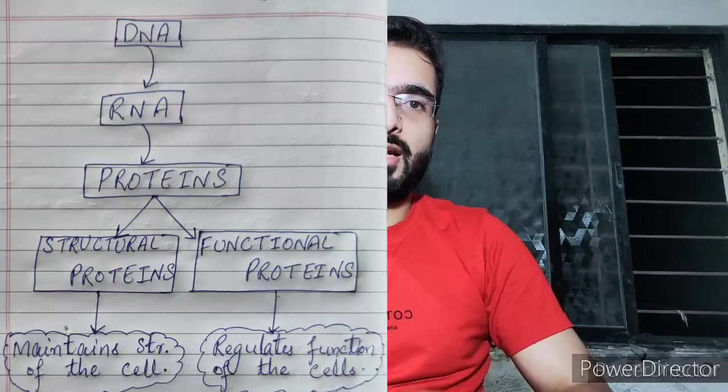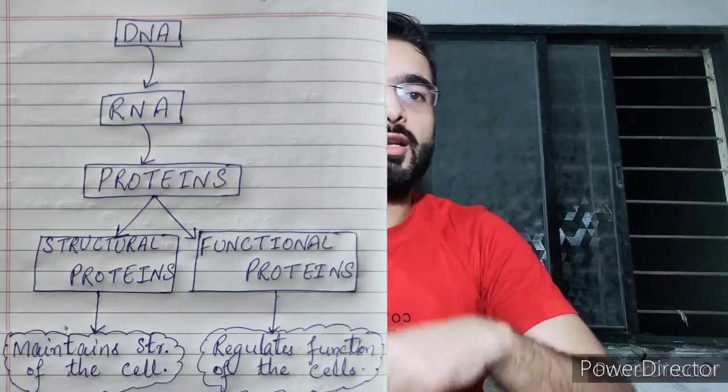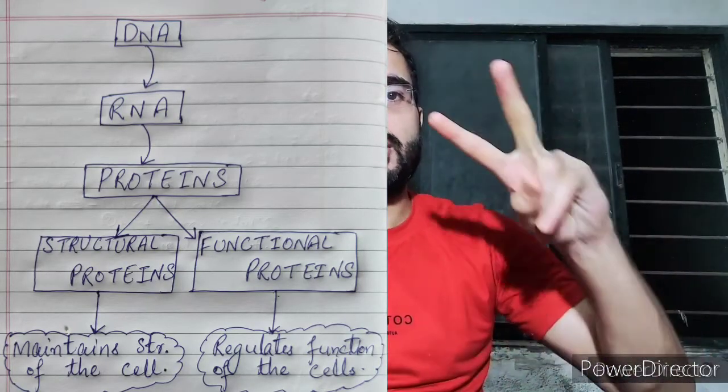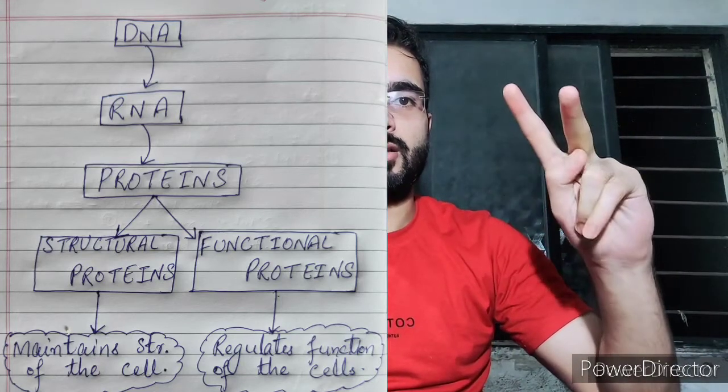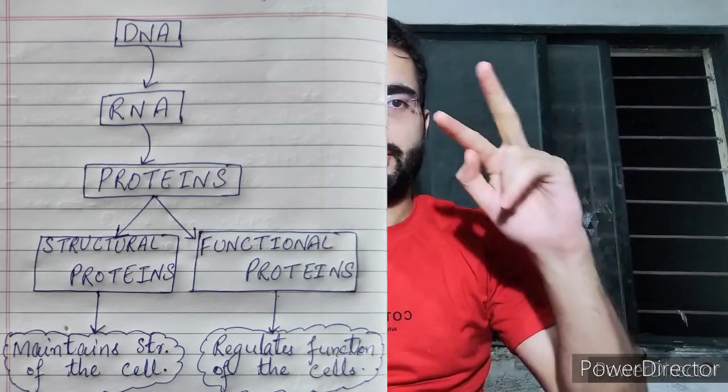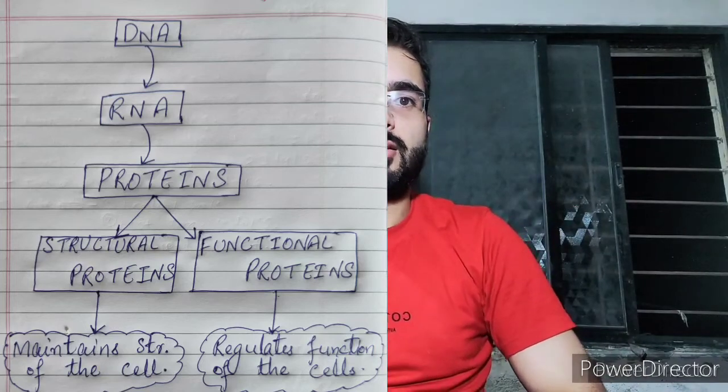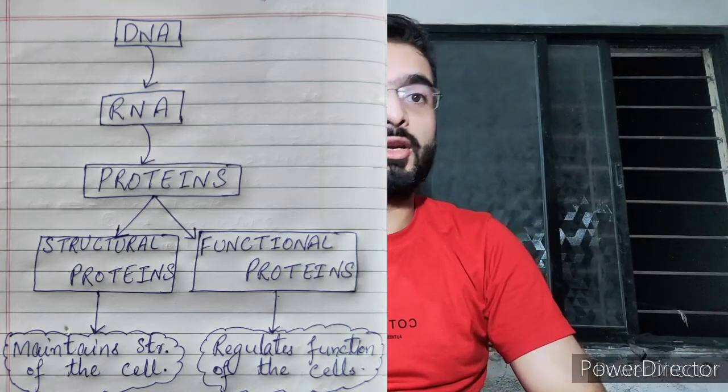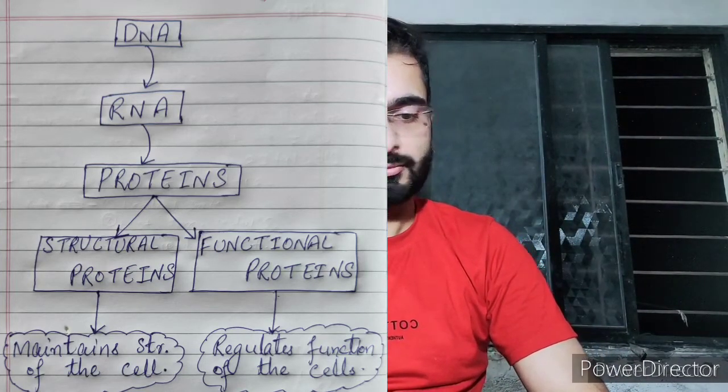So DNA gives rise to RNA, RNA gives rise to proteins, and proteins are of two types: structural and functional. The structural proteins maintain the structure of the cells, and the functional proteins regulate the function of the cells. Correct? So the type of proteins present in the cell determines the type of cell.